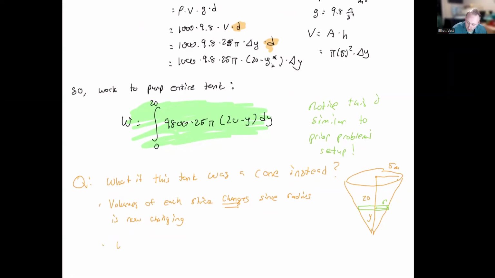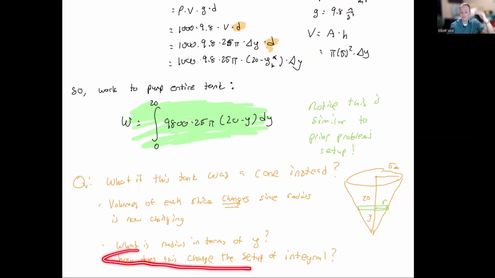What is the radius in terms of y? And how does this change the setup of the integral? This is the real question I want you to answer.